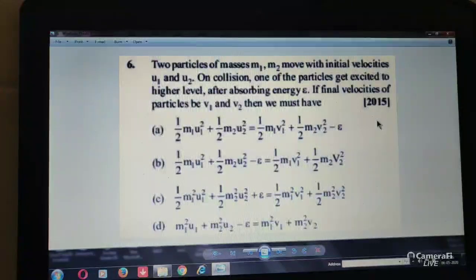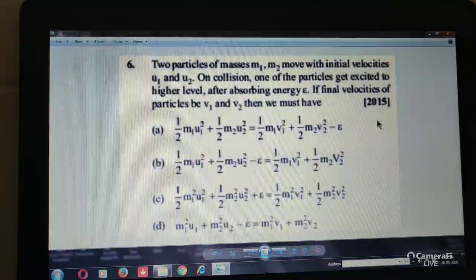Generally it is like an elastic collision. So in that area, please remember from 11th standard, the law of conservation of momentum: the total momentum before collision is equal to the total momentum after collision.